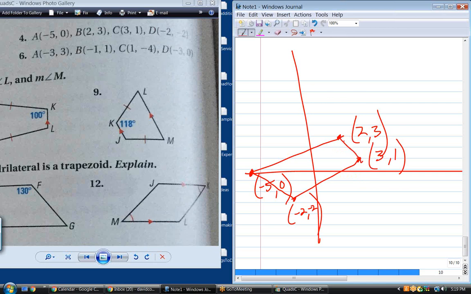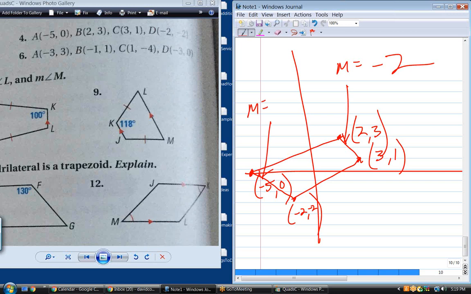The slope would be 2 over -1. So negative 2. What's the slope of this one here? Those two, so which ones are we looking at?